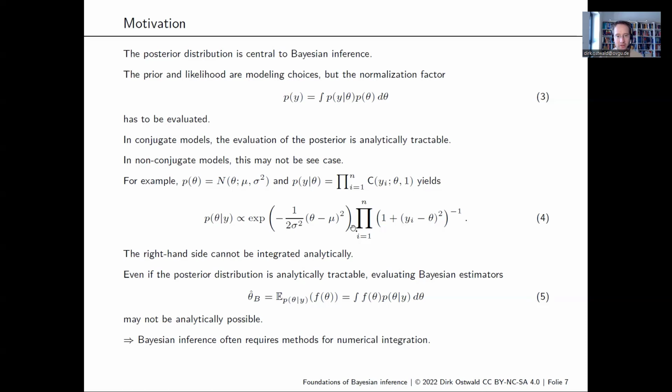Now, why I brought up this Cauchy distribution is that this thing here cannot be integrated analytically. So one can only ever approximate this integral. I'm just telling you that, I'm not proving it, but it's actually not that rare.